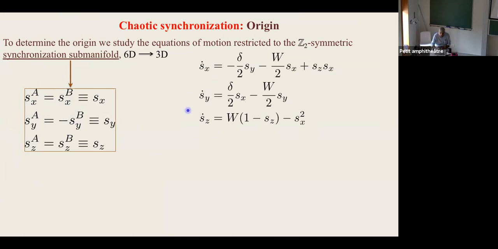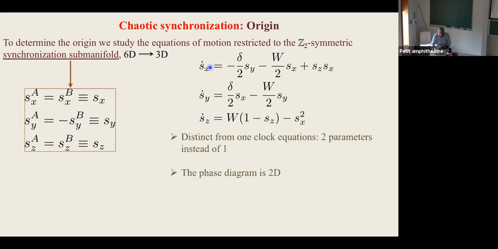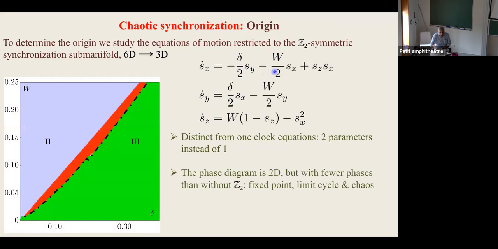Then you get 3 equations out of 6, but these are not equations for one clock. They essentially depend on 2 parameters, delta and W, and there is no way that you can get rid of any one of them. So the phase diagram is still 2-dimensional, but there are fewer phases.